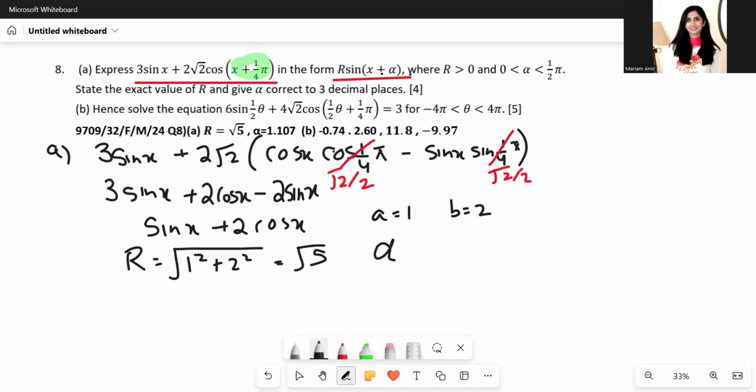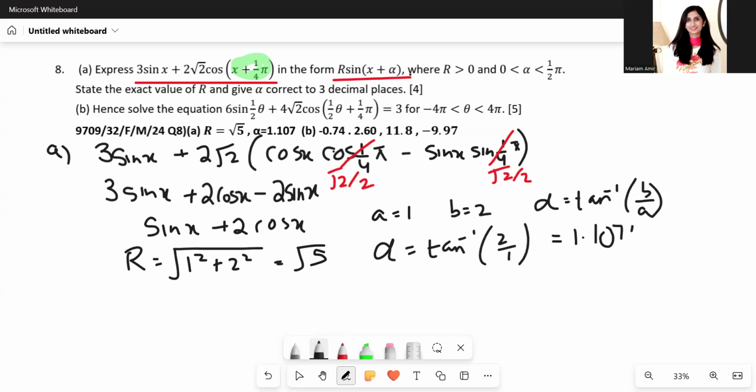And alpha is found by taking tan inverse of B upon A. So tan inverse of 2 upon 1, shift tan 2, which gives 1.107148, but we need the answer in 3dp, so 1.107. Okay, part A is done.